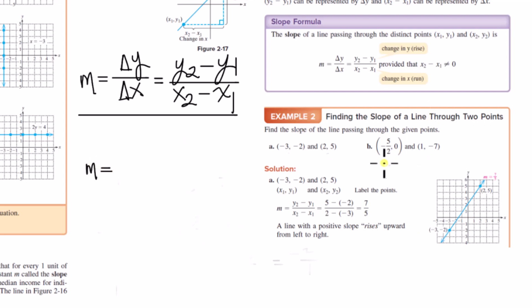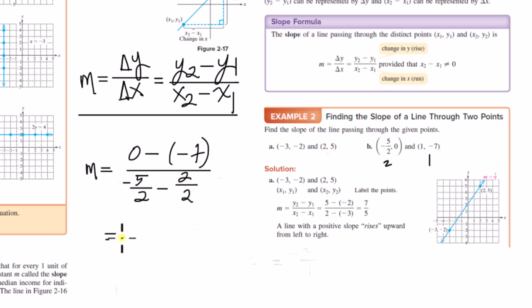Let's pick this to be point 2, this to be point 1. It doesn't matter. So y2, 0, minus y1 over x2 minus x1. So 1, let's write as 2 over 2.